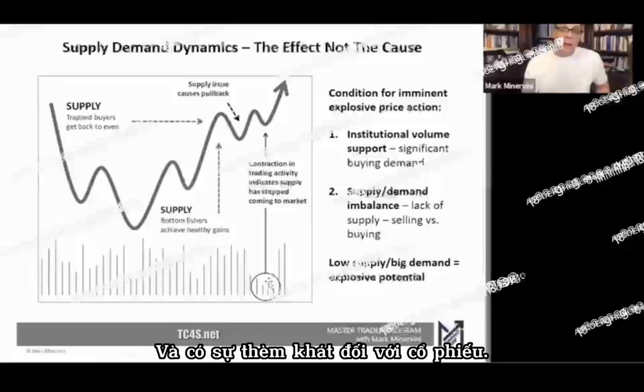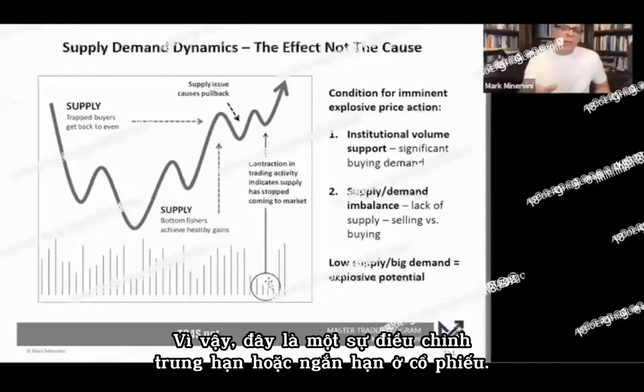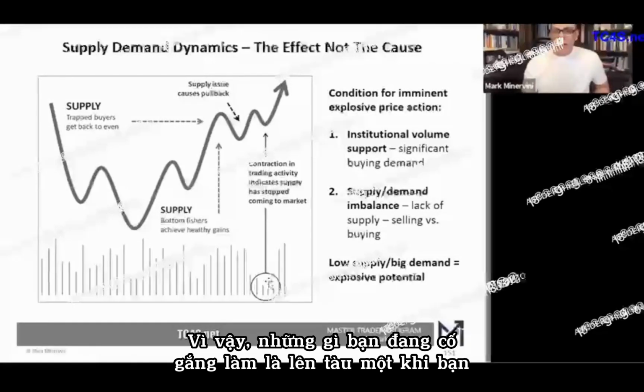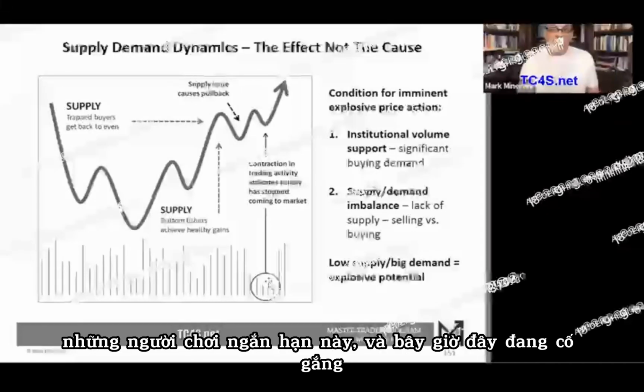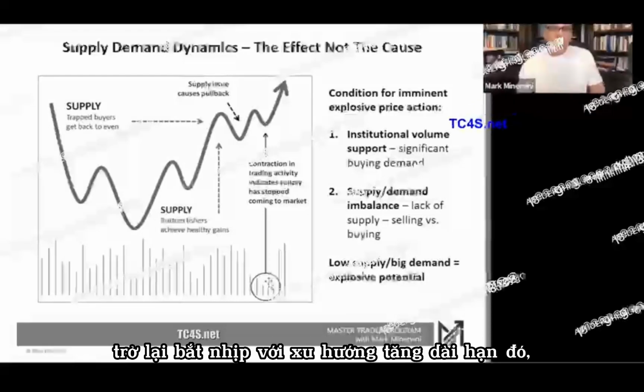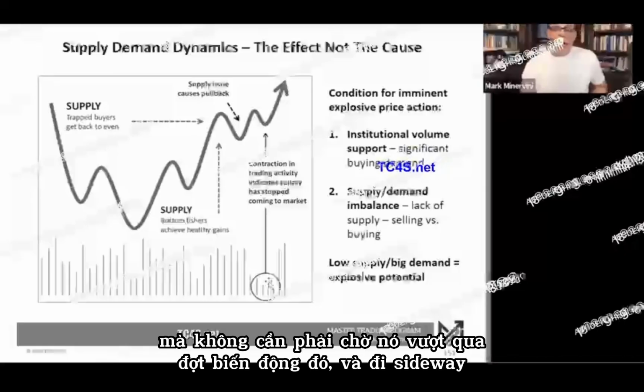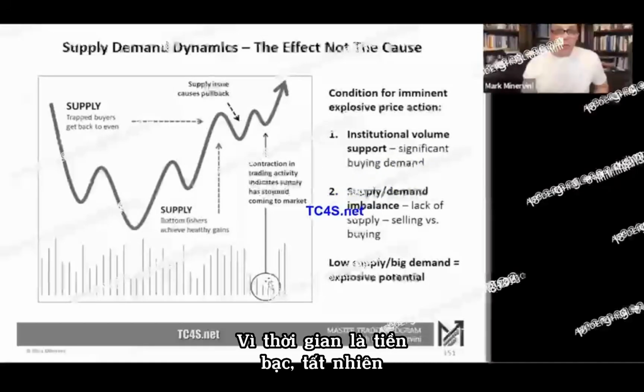So now this is an intermediate or short-term correction in the stock. What you're trying to do is get on board once you weed out these shorter-term players, and get back in sync with the long-term trend, but bypass all the time to wait for it to go through that volatility and move sideways, because time is money, of course.